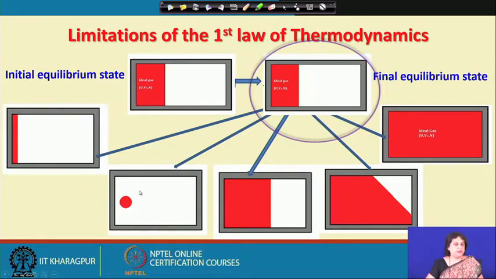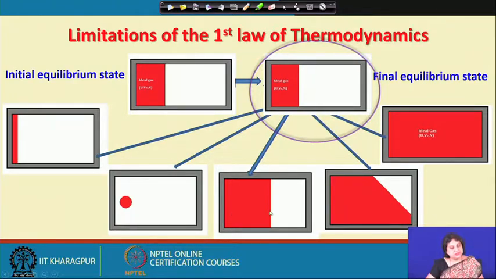It may so happen that the gas in a new equilibrium state curls up in a ball. Once again this is a compression of the gas, but obviously the final state as you see here and as you see here are different. In other words, there are possibilities that the gas may undergo expansion.